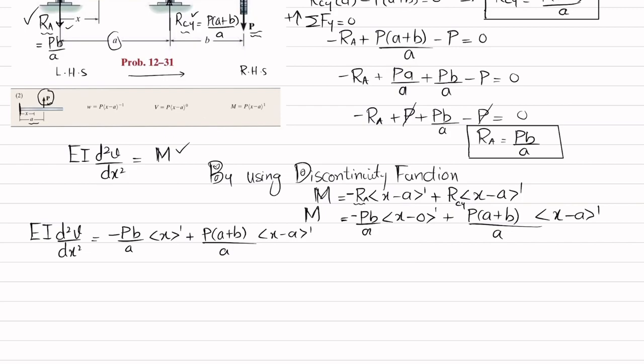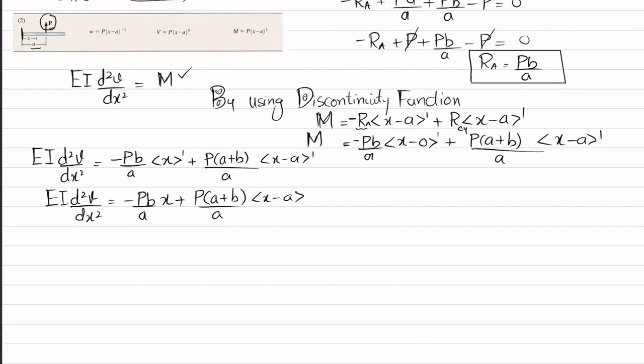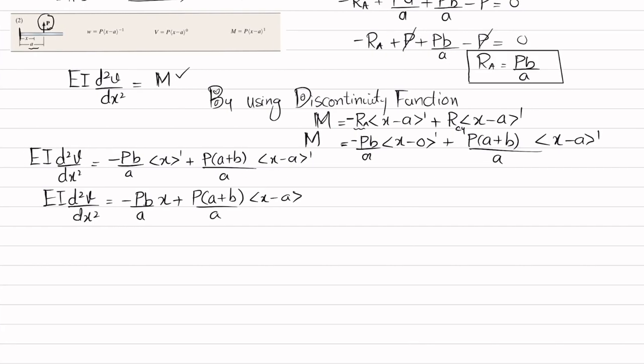If you further simplify it, you will get EI d squared v over dx squared is equal to minus Pb over a into x plus P into (a plus b) divided by a into Macaulay bracket x minus a. So this is your equation.